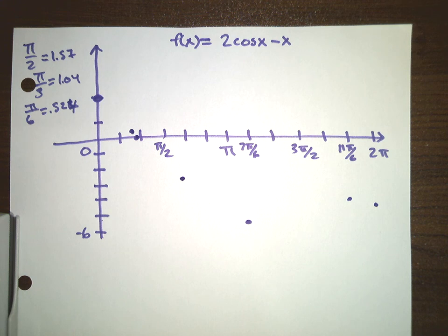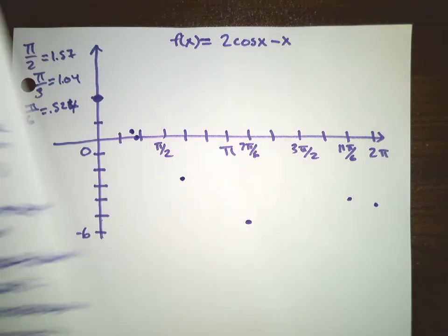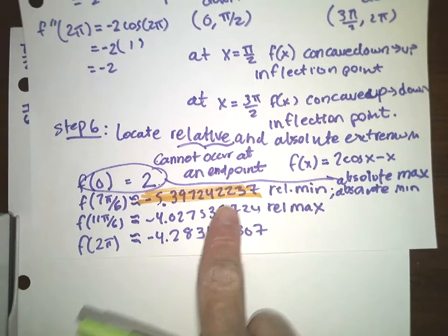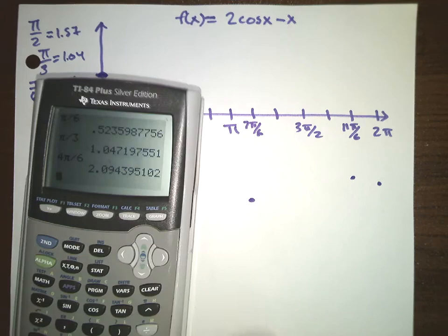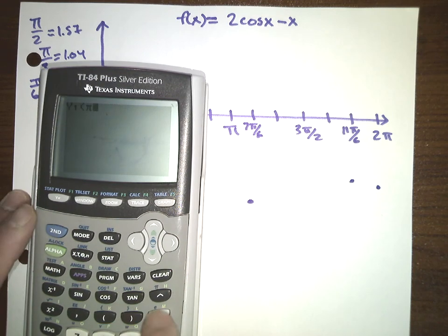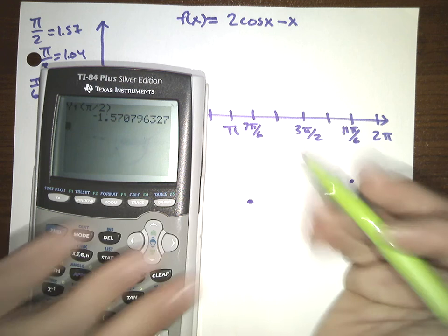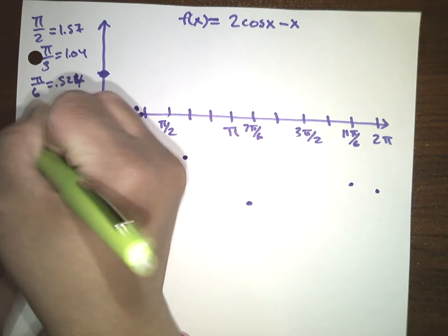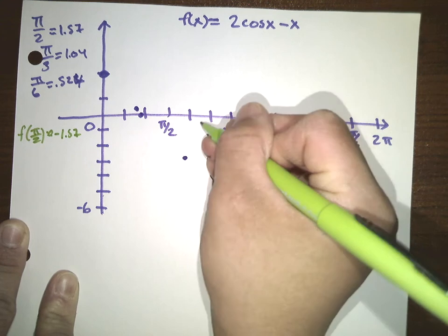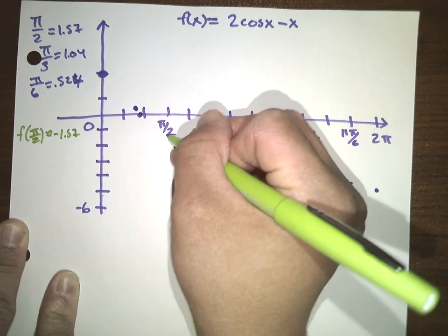By the way, we didn't graph the points of inflection. Where were those? I forgot those. At pi over 2, there's an inflection point. So f of pi over 2 is about negative 1.57. So here it is, negative 1.57.